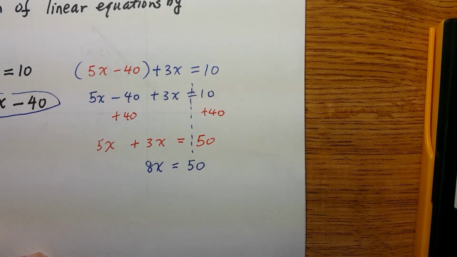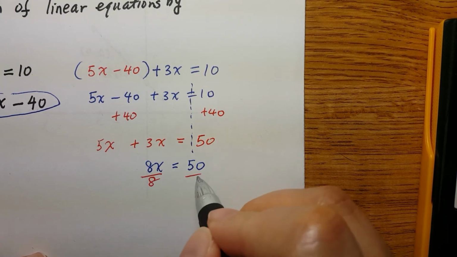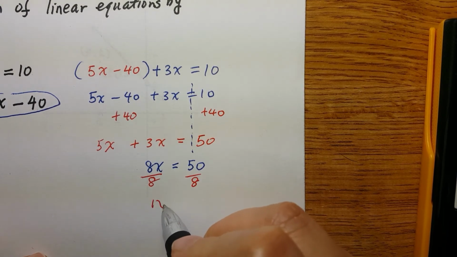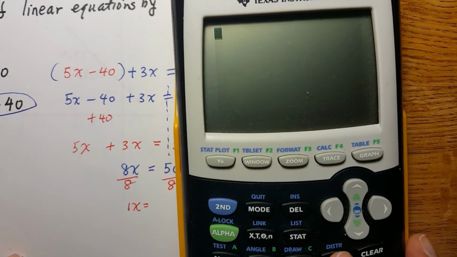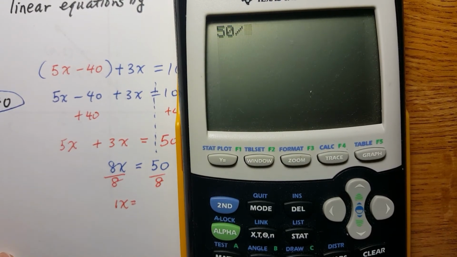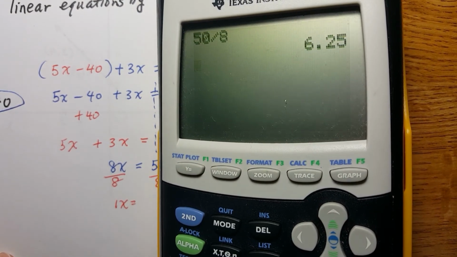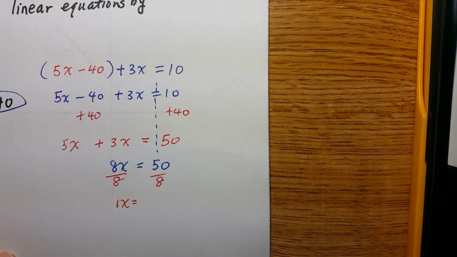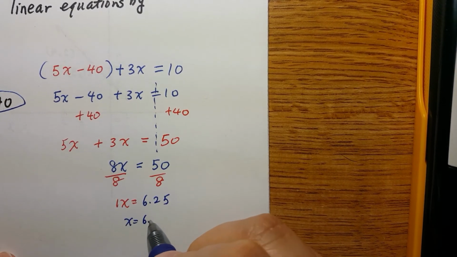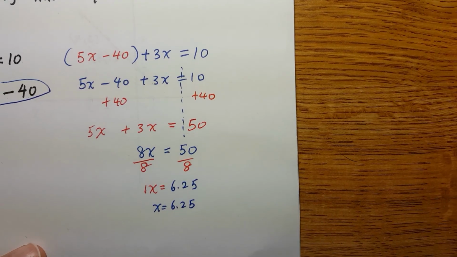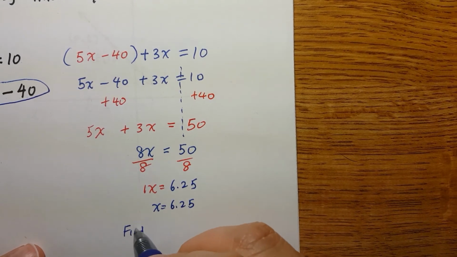We're going to divide by 8 on both sides. So you get 1x equals 50 divided by 8, which equals 6.25. So x is 6.25.